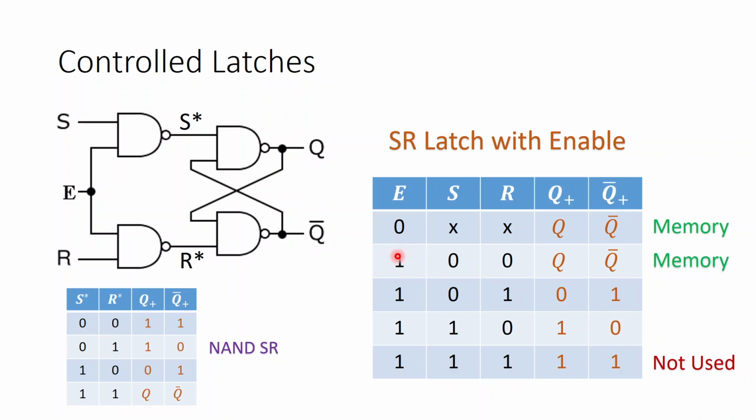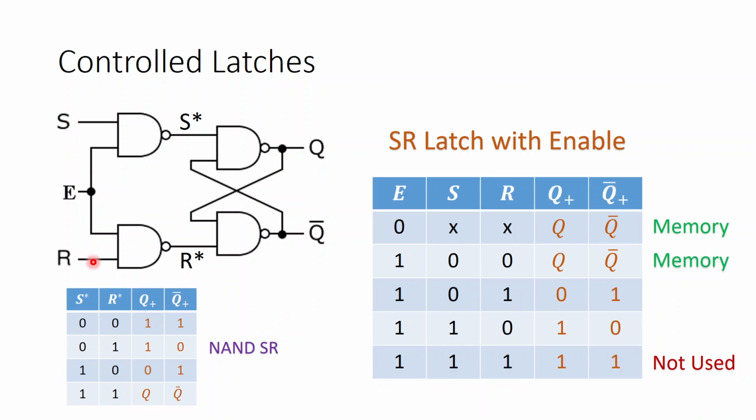This means the circuit is in operation, but still we are getting the memory state. So the memory state configuration is achieved with S and R as 0 0. The circuit still remains in operation, and we are only looking at what is S and R and what would be S star and R star, because of this S and R that we are supplying.